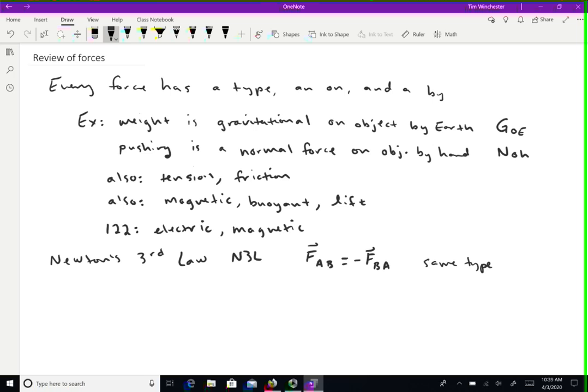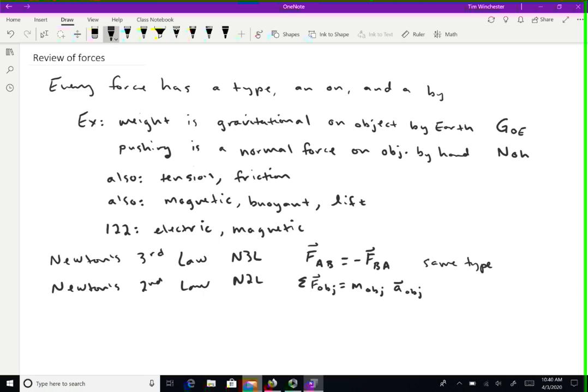And then the other of Newton's laws that is very useful in 121 is Newton's second law, or N2L. What that tells us is that if we take the net force on some object, and we add up all those forces, that's equal to the mass of the object times the acceleration of that object.